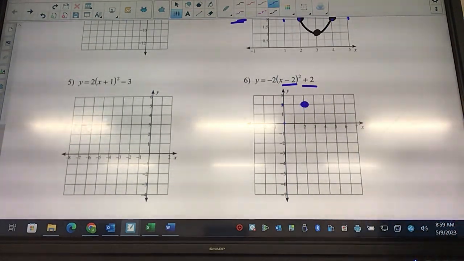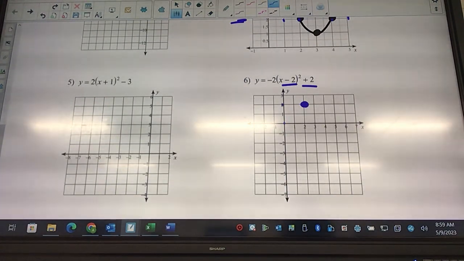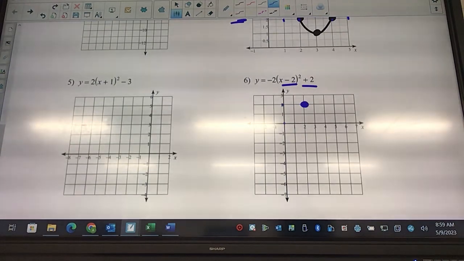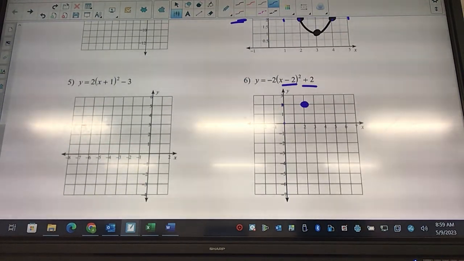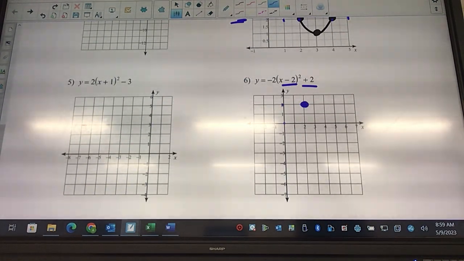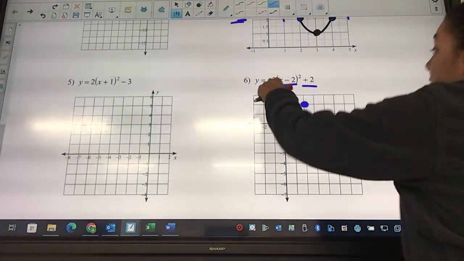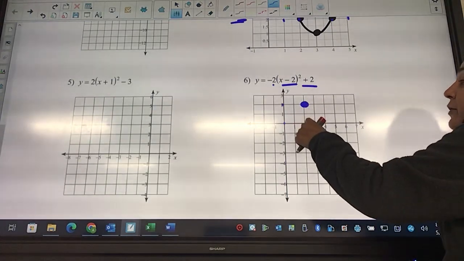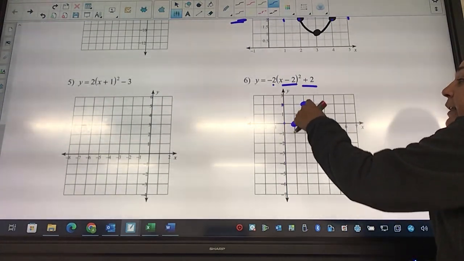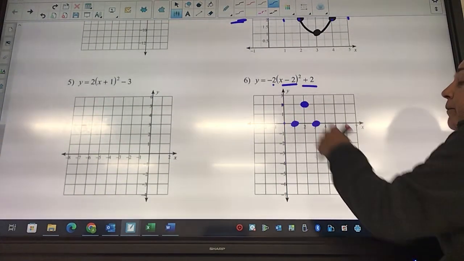Does this graph open up or down? Down. How do we know? The negative. How many are we going to go down for our first point? 2. Why? There's a 2. If there was a 3 here, you go down 3. If there's a 4, you go down 4. So we're going to go down 2 and over 1.